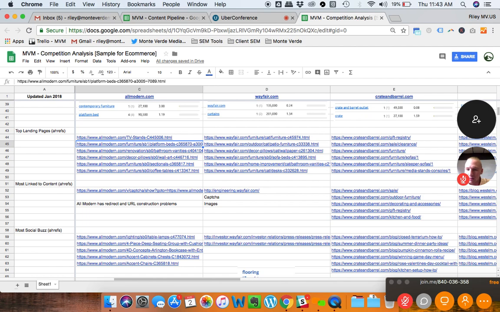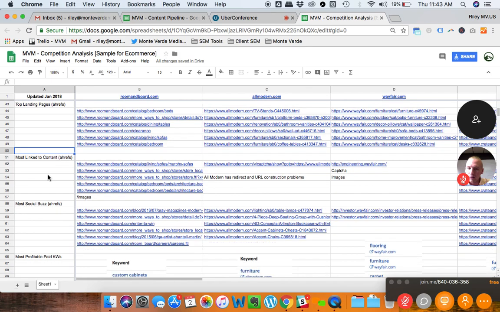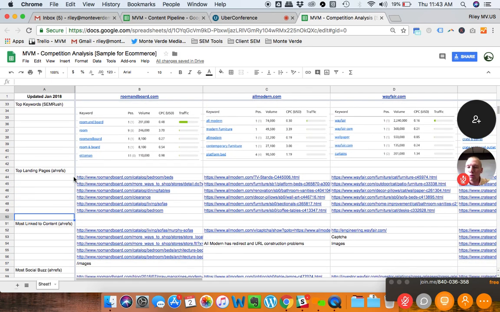For All Modern, we actually don't see furniture in the top landing pages, but obviously we do see different paths in there. And then Room and Board, we also don't see furniture, so if we were working with Room and Board, we would probably tell them we need a landing page for the term furniture because it's driving a bunch of traffic in the niche.